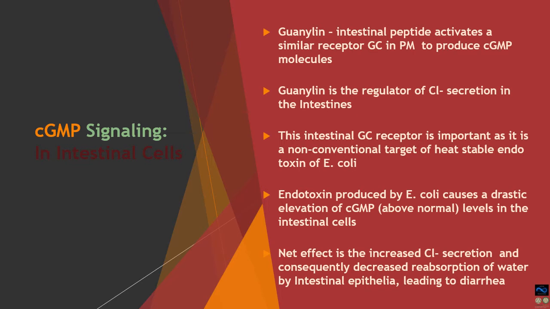Both of these will lead to diarrhea in the intestinal cells. So the E. coli toxin affects humans by regulating the cGMP levels and hence causing increased secretion of chloride in the lumen of the intestines, resulting in diarrhea.